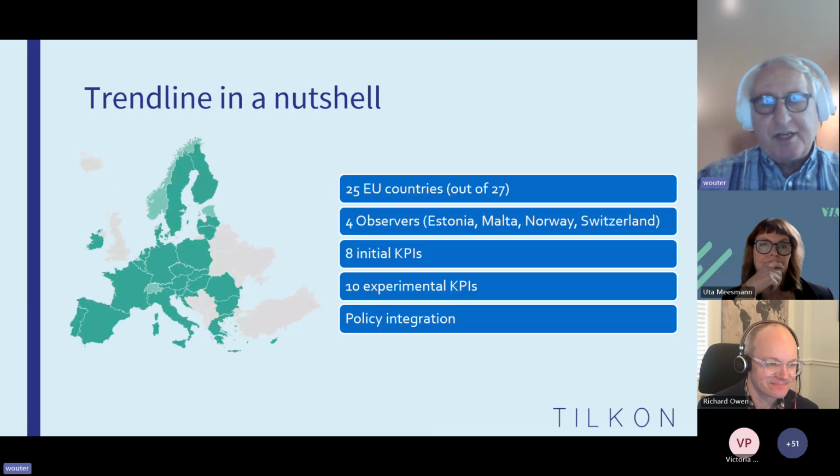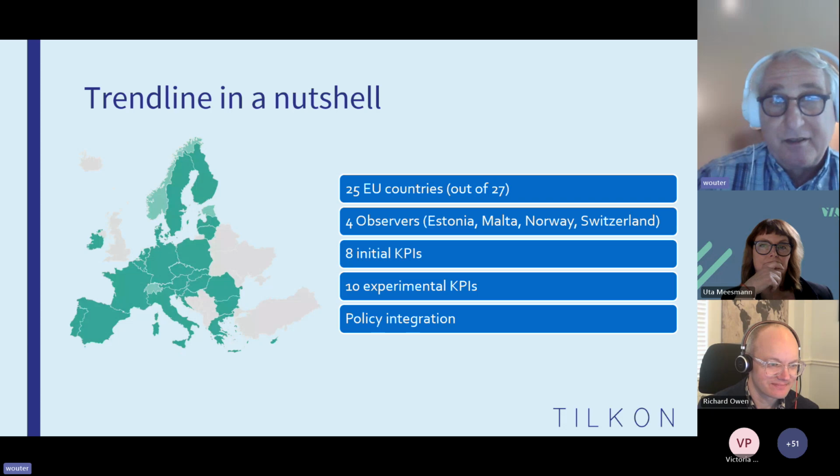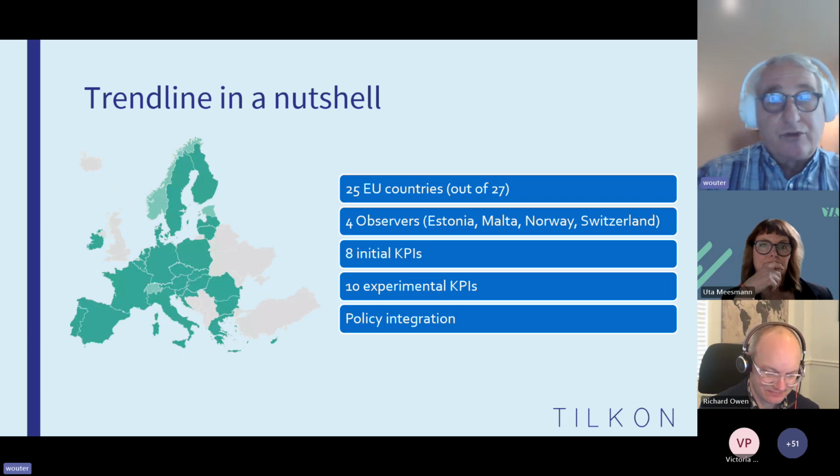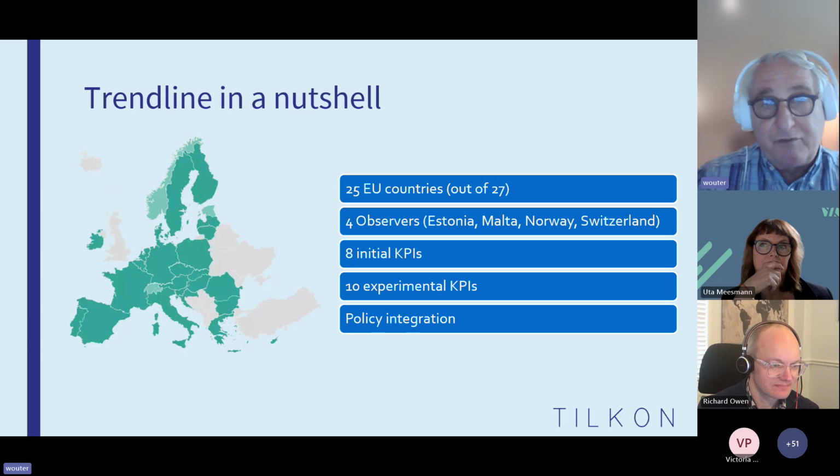So Trendline, in a nutshell: we have 25 EU countries out of the 27, which I think is a big success. But you should know that they do not all use all the indicators. We have, in addition, 4 observers: the 2 missing EU countries, Estonia and Malta, but also Norway and Switzerland.